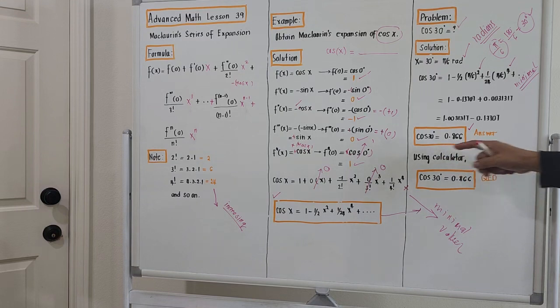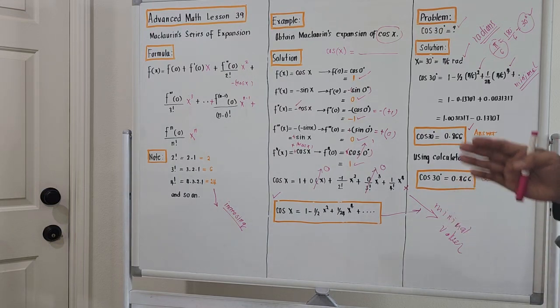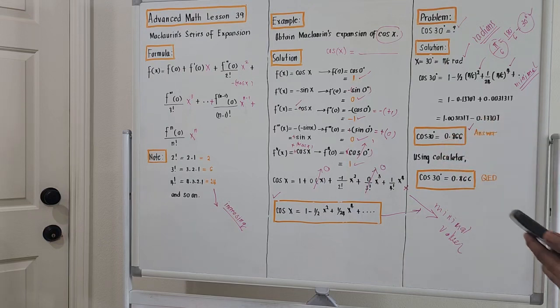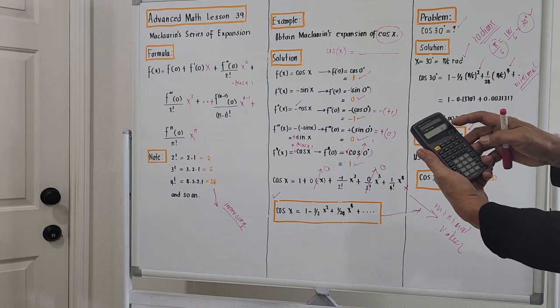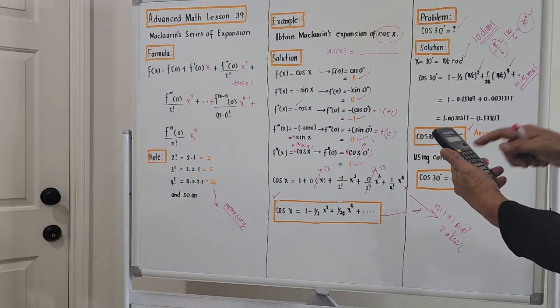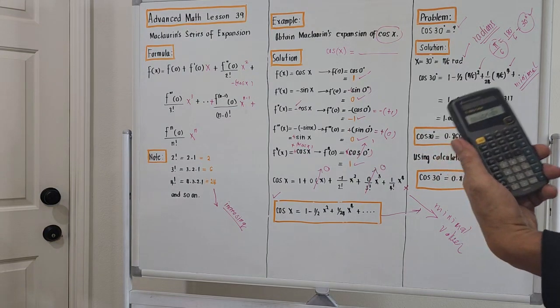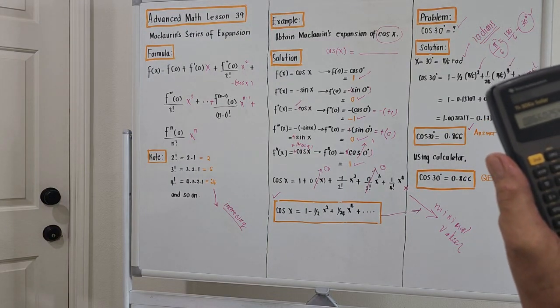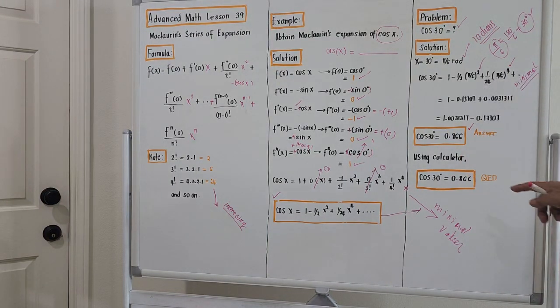And by using our calculator, to verify the validity of this answer, we know that cosine of 30 degrees is 0.866. That is actually square root of 3 over 2. You just display 30 here, the unit of the angle will be degrees, and you just press cosine. And the value of cosine is 0.866 up to the third decimal. Right? It is 0.866. That's it.